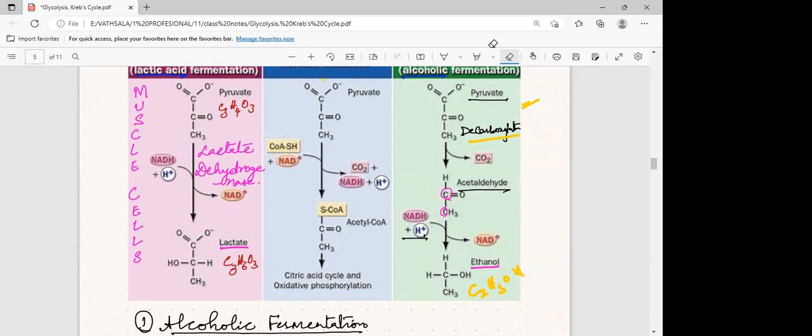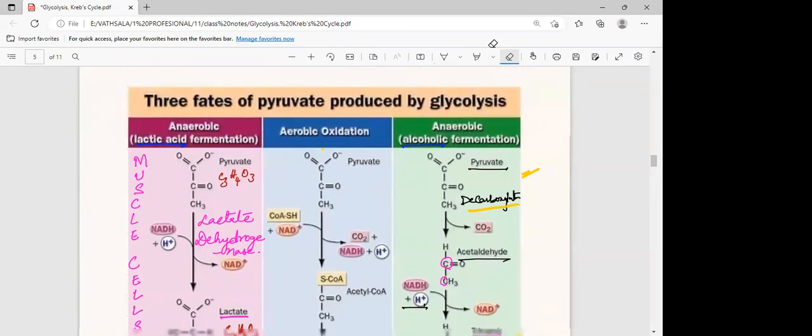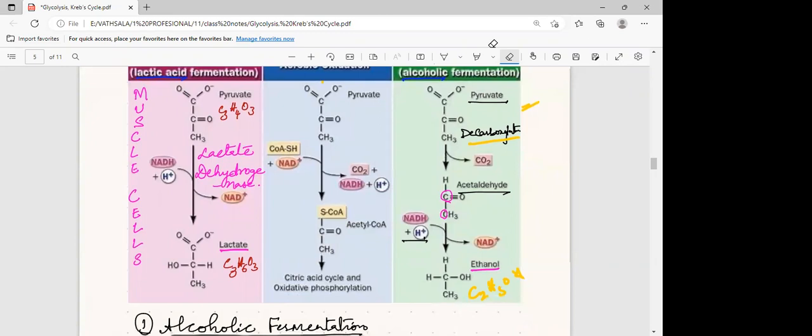But what happens in other organisms, whenever there is oxygen, whenever the pyruvate enters into the mitochondria? That is aerobic oxidation. The same pyruvate utilizes the NAD.